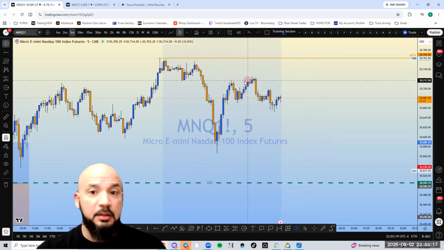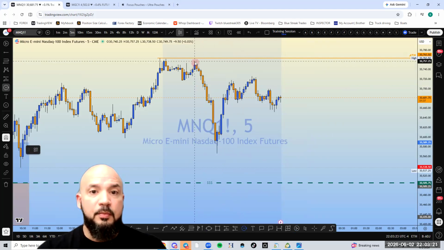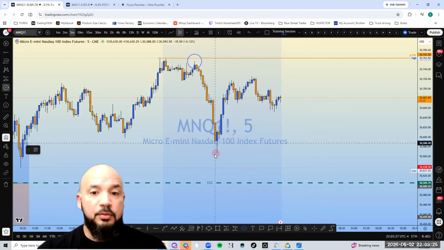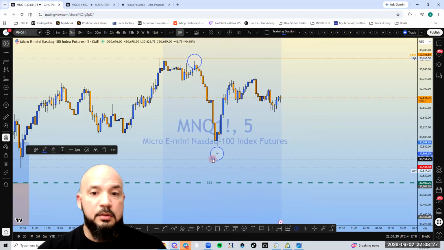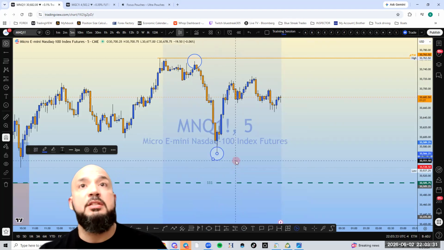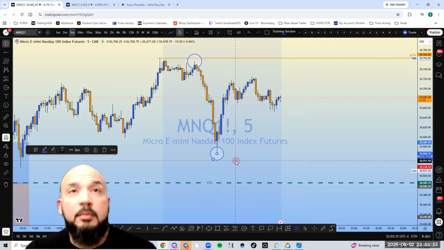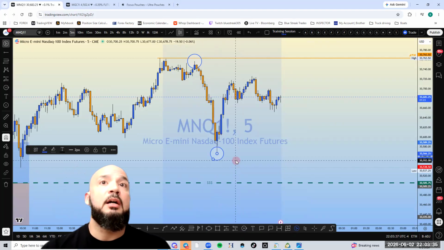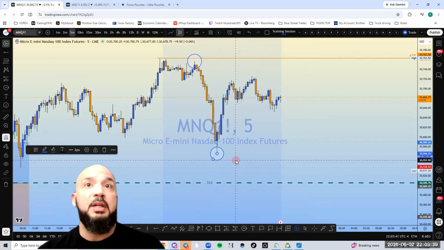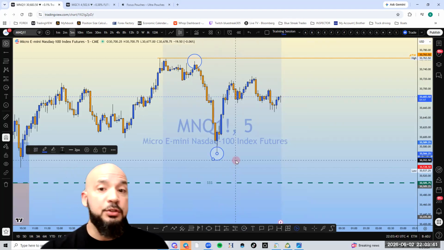You have to draw the fib from the high to the low for bearish setups. Price retraces into the 618. Price forms a lower high. You wait for the bearish confirmation candle, and then you enter short.